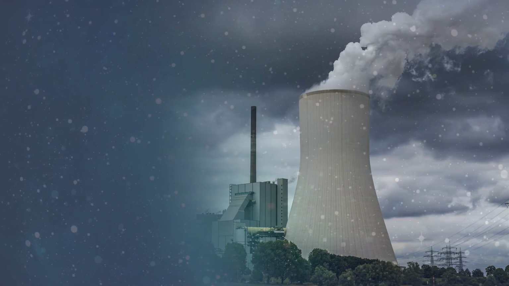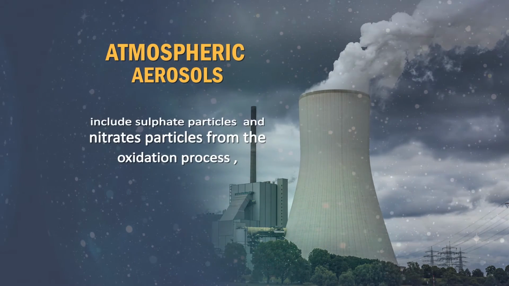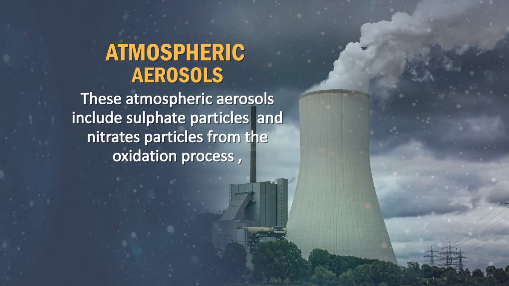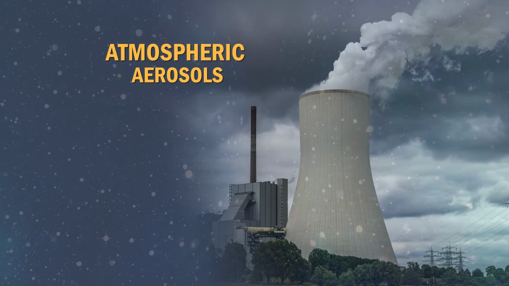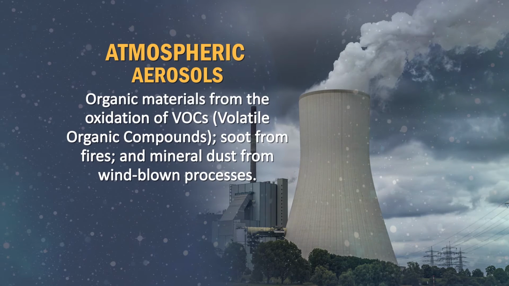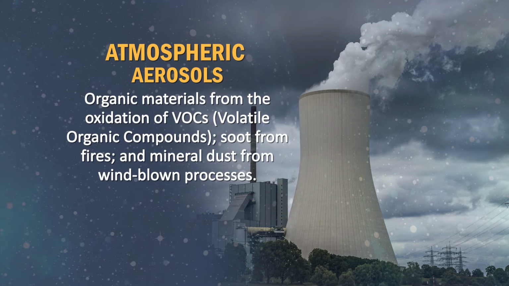These atmospheric aerosols include the sulfate particles and nitrate particles from the oxidation process, and that can take place during the burning of fossil fuels, the burning of organic materials, from the oxidation of volatile organic compounds, and also the soot particles from the fires and mineral dust from the wind blown processes that take place in the desert regions.